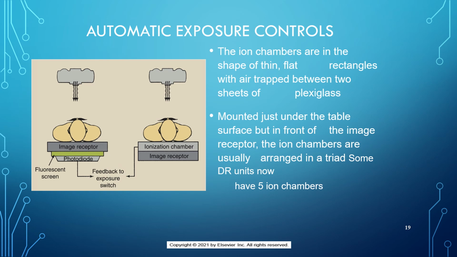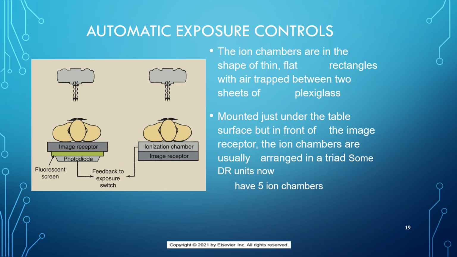Now, most AEC systems are operating with about 3 AECs arranged in a triad, like a triangle arrangement. You have the 2 outer cells and then a center cell. The center cell is basically at the center of the image receptor or the Bucky tray, either in the wall or inside the table.